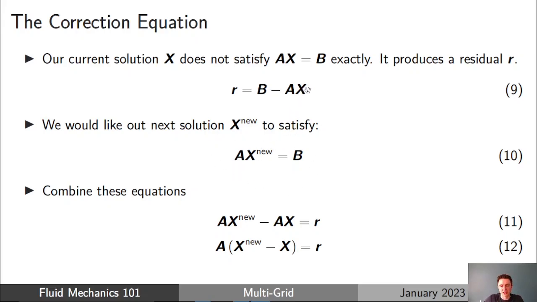And what we're going to do is combine equation 9 and equation 10 together. The easy way to do that is to replace b in the residual equation by A x new. That arrives at equation 11, which you can see there. And of course, A is common to x new and to x, so we can bring it outside.